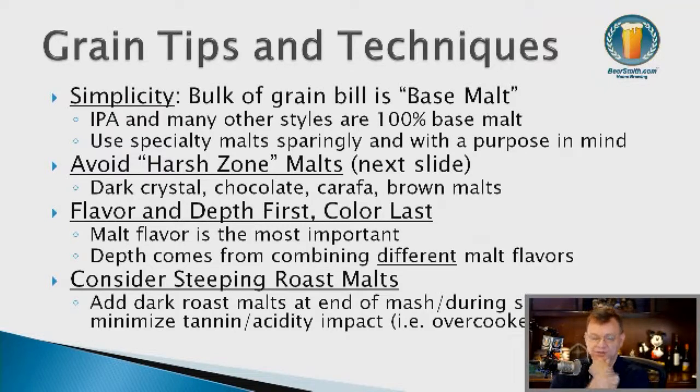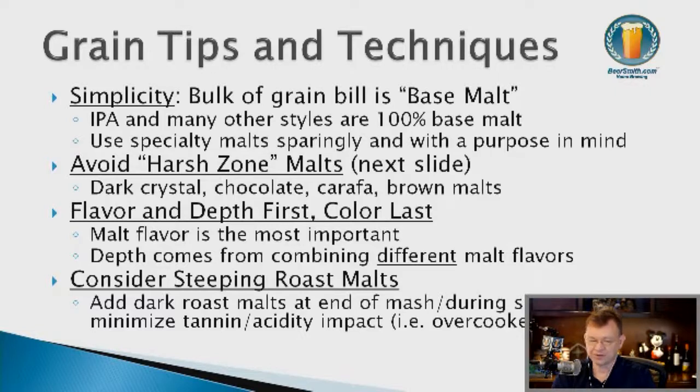So here are some grain tips and techniques to start with. The first one is simplicity. Your beer recipe should not be everything but the kitchen sink. It should be a combination of a base malt, whether that's a pale malt or a Munich malt or whatever, and a small number of selected specialty malts that each have a specific purpose in mind.